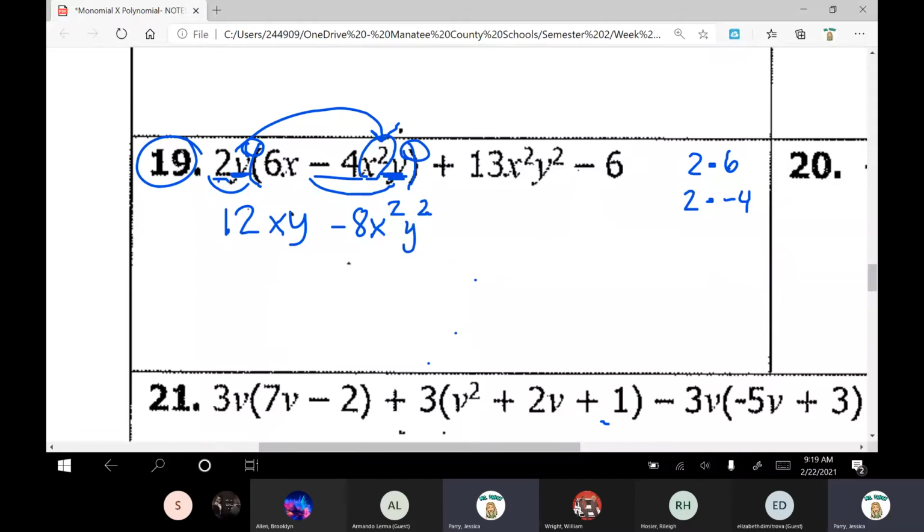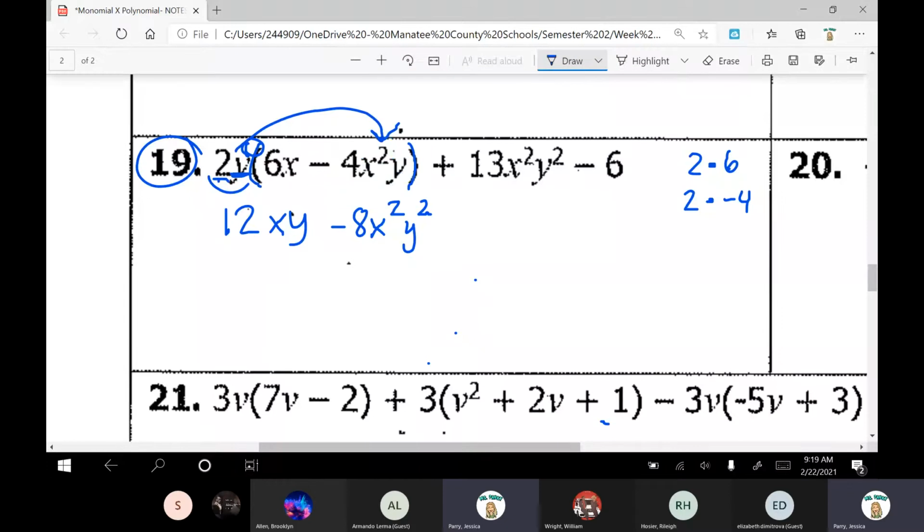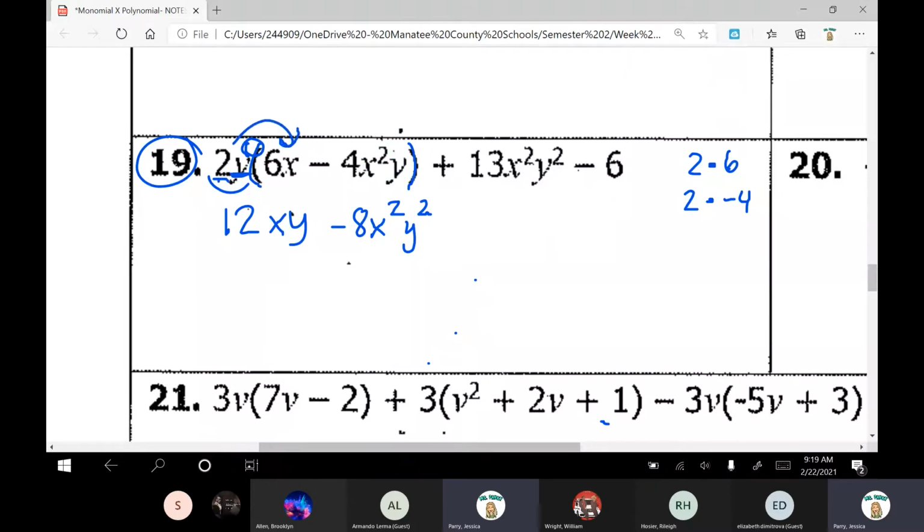So now it's a y squared, y to the power of 2. Okay, that second jump, it's all finished. Our distribution is all done. We did all of it. So let's go through and copy down the rest, this and this, because we haven't touched it yet. So plus 13x squared y squared minus 6. We just copied it all down.